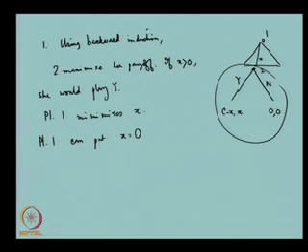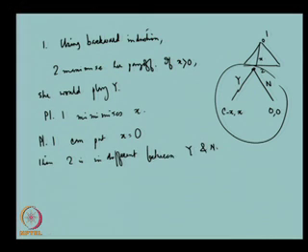Now, however, if player 1 puts x equal to 0, then player 2 is indifferent between y and n. So, he can take two sorts of strategies. Both are optimal.